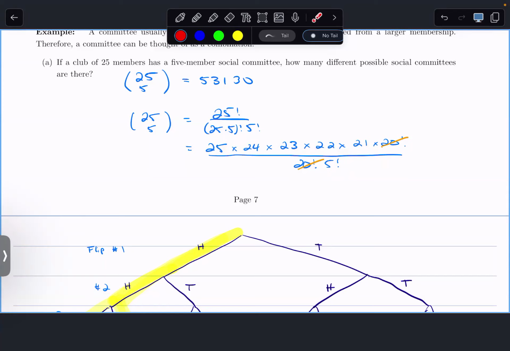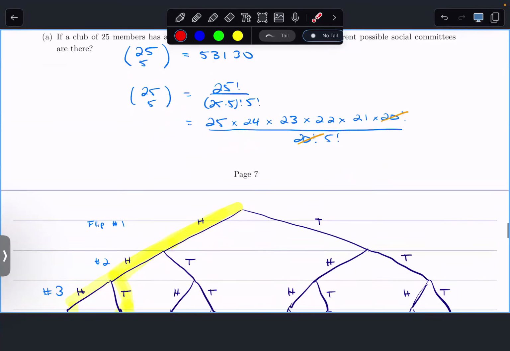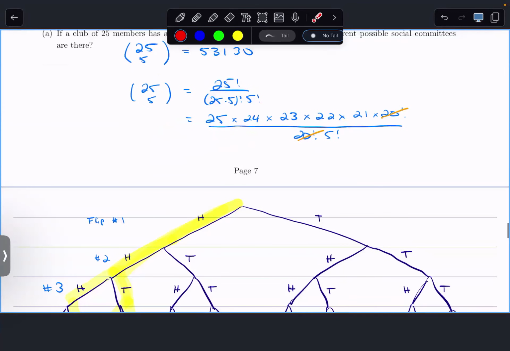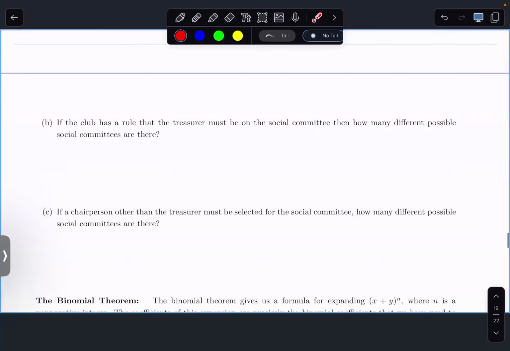And so that's what the choose function does. And that's when it would be different than just using the slots, unless you divide it by 5 factorial. But like I said, I just can't get there right now. Sorry, guys. I'll think on it. That's okay. Maybe I'll call a friend. And by call a friend, I mean text a friend.